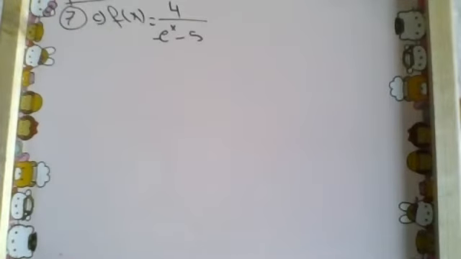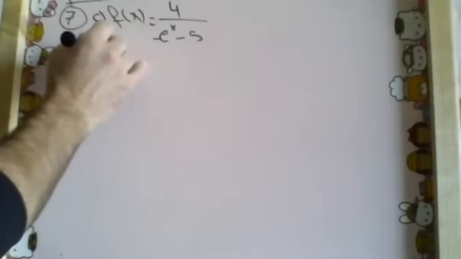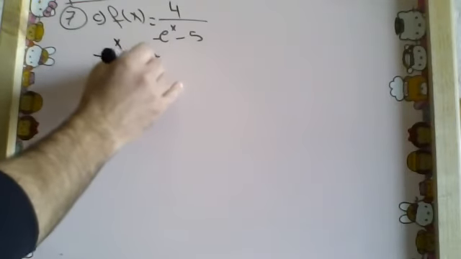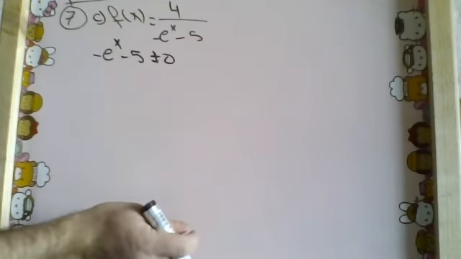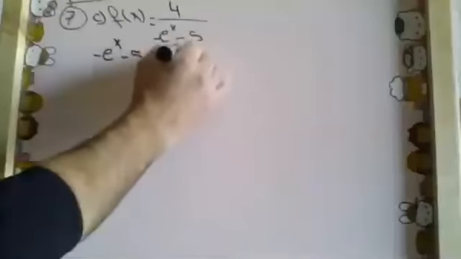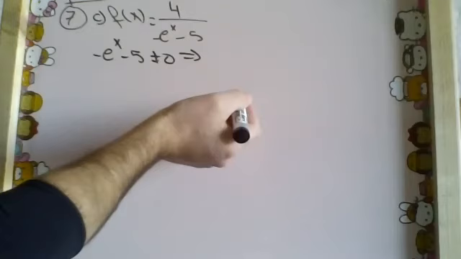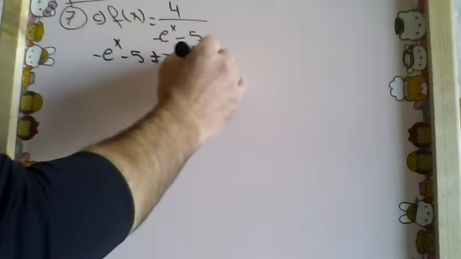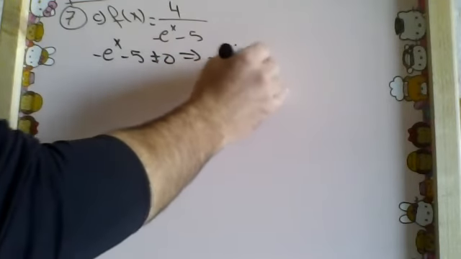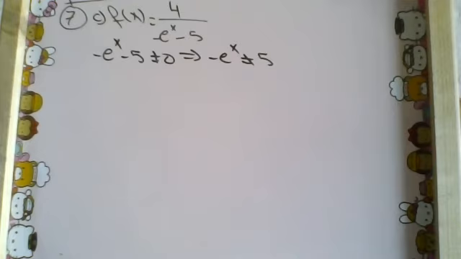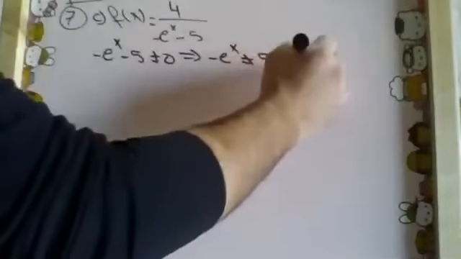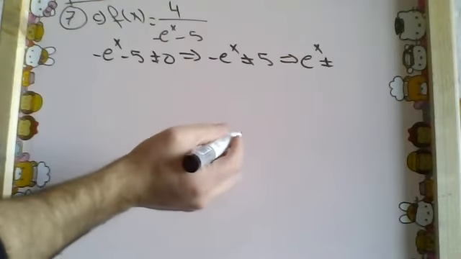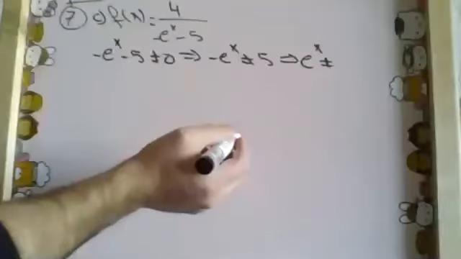Okay, we set negative e power x minus 5 not equal to 0. Then negative e power x is not equal to 5, so e power x is not equal to negative 5.